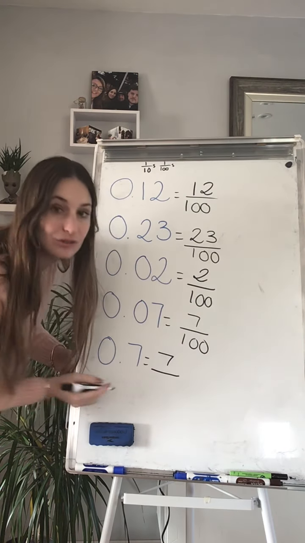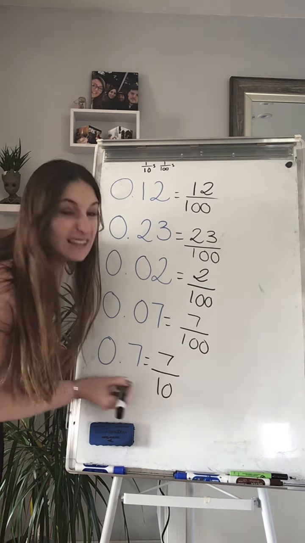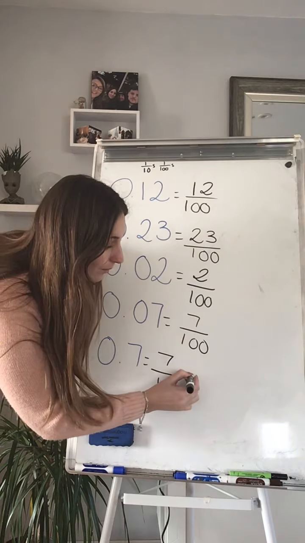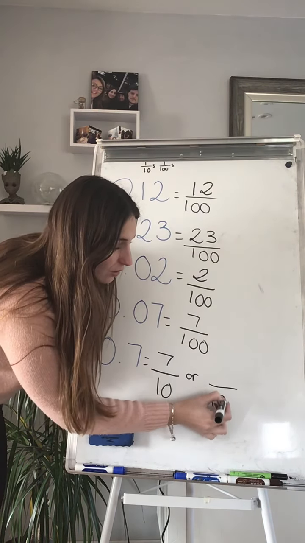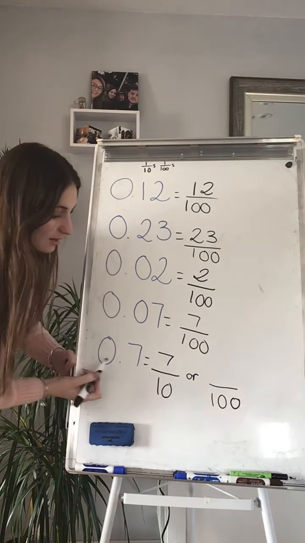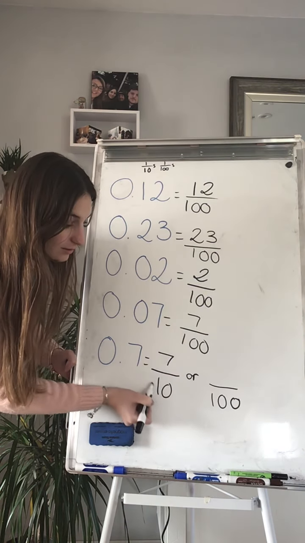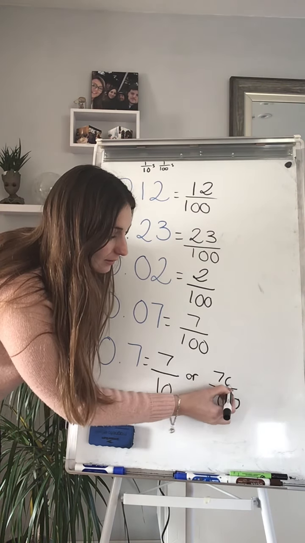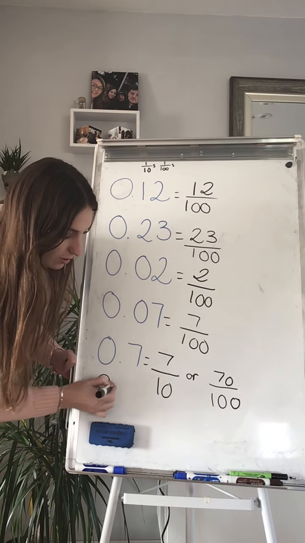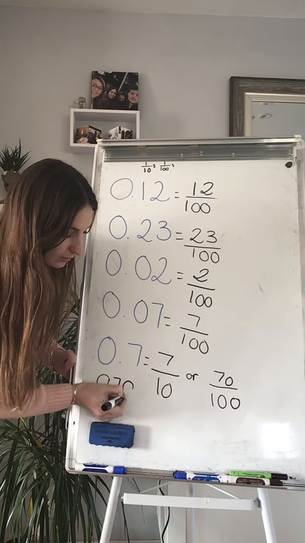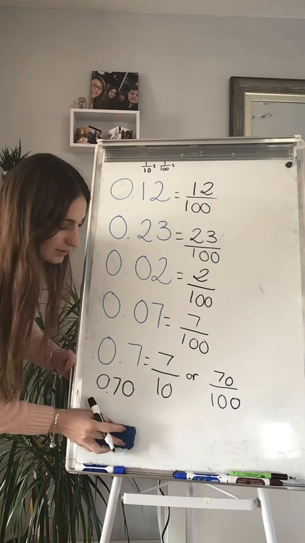So I could show this decimal number as 7 tenths, or if I want to show it like my other ones, out of 100, I will need to move my decimal point twice, 1 and 2. So I will get 70. That's the same as 0.7 tenths, now 0 hundredths. So I will get 70 hundredths.